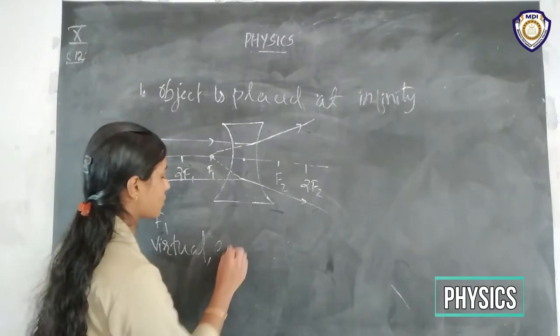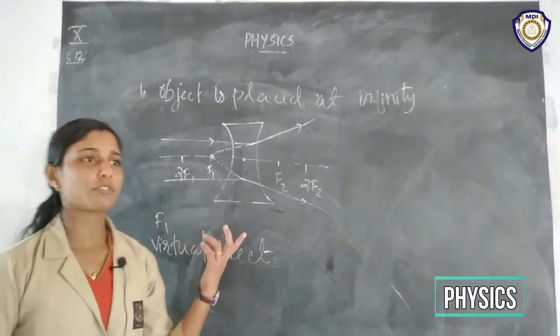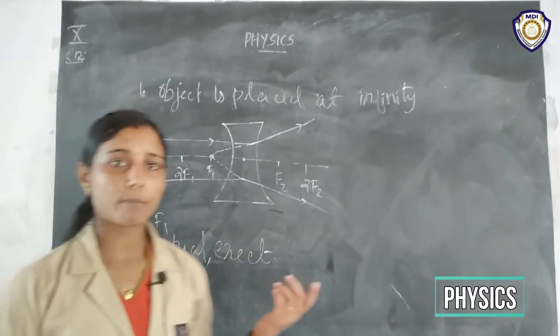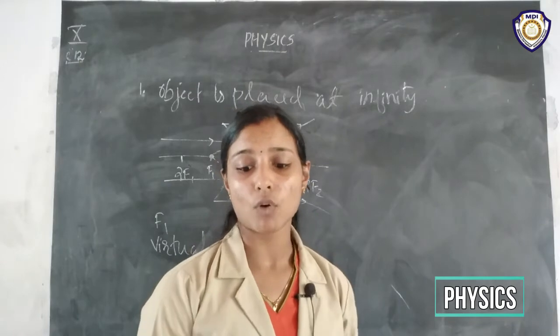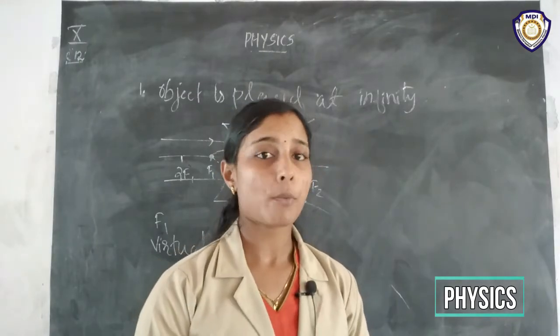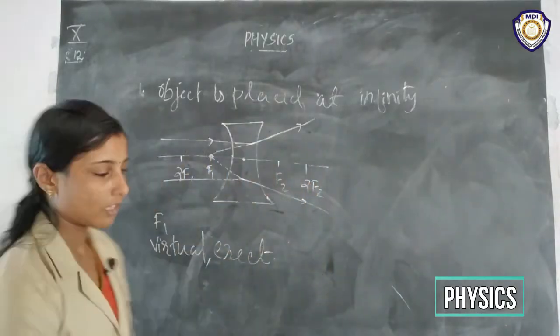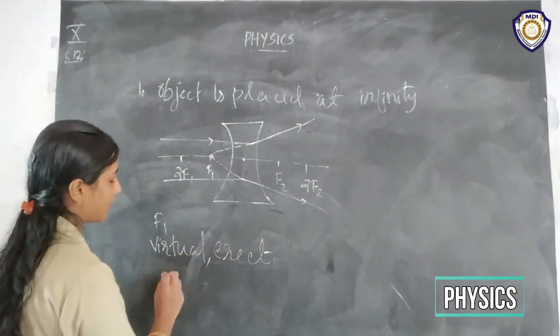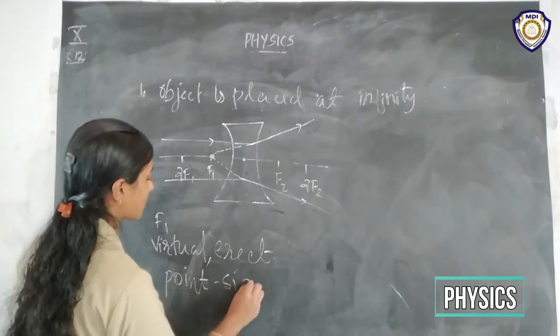So it's a virtual and erect image. And what will be the size of the image? It will be diminished in size, highly diminished, or we can say it is a point sized image.